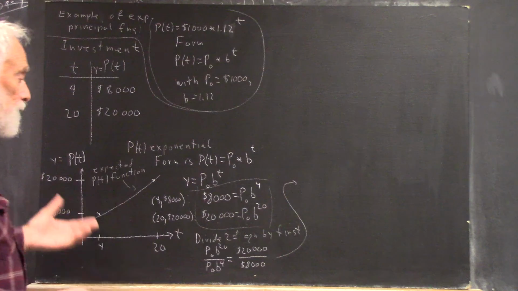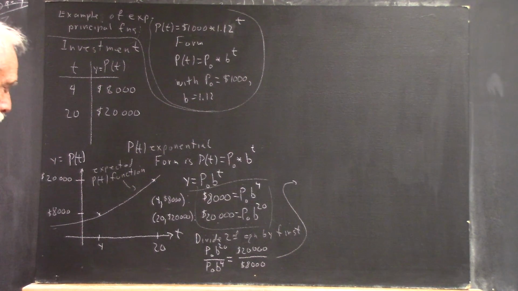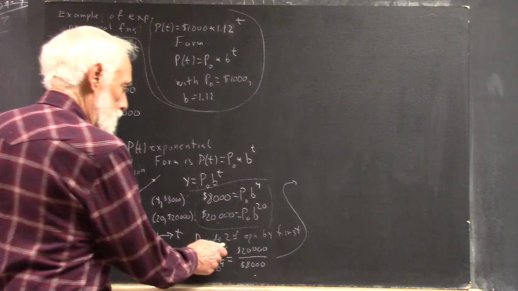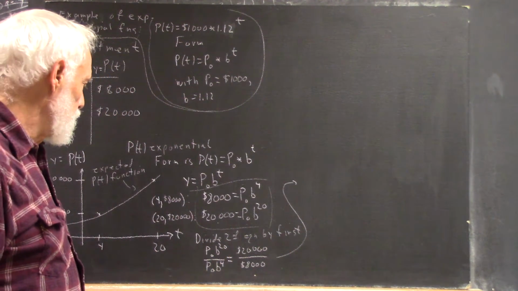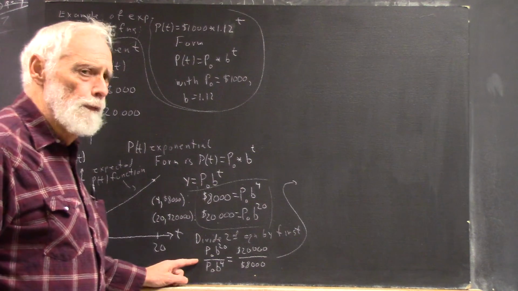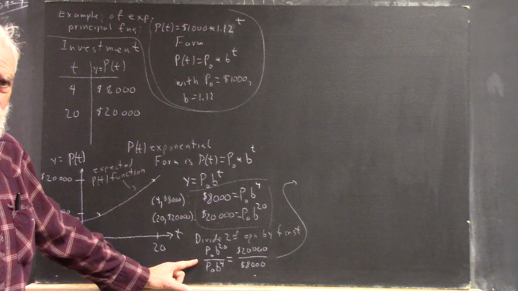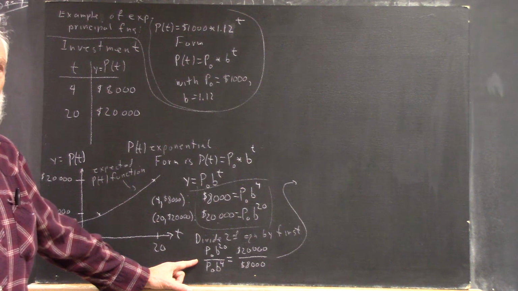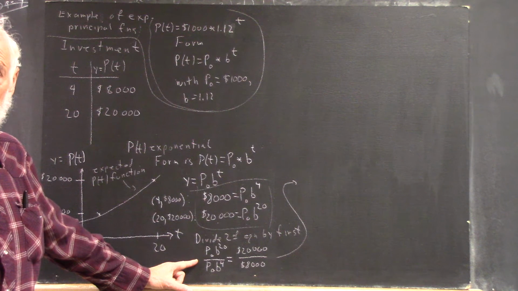In some cases I didn't see anything, because some of you I got around to first and you didn't have time to do much. But the most common thing I saw here is P naught b to the 5th on this side. If you did that, please, please, please get to the mark.